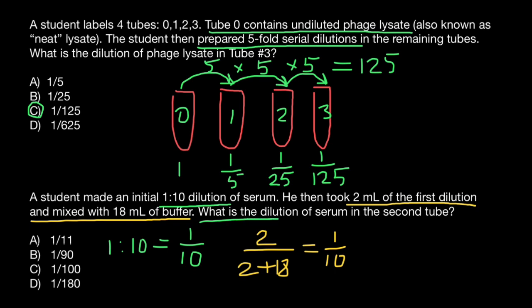Now, in order to answer what is the dilution of the serum in the second test tube, we just have to multiply 1/10 by 1/10. These are the dilutions in each test tube. And the answer is going to be 1/100.